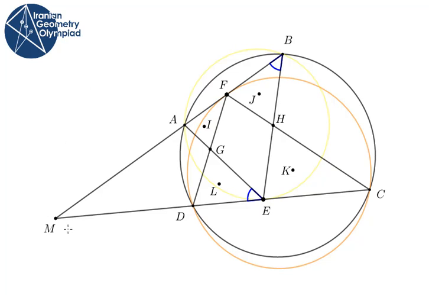So power of M with respect to black circle and orange circle and yellow circle is equal. So ME squared, which is power of M with respect to yellow circle, is equal to MF squared, which is power of M with respect to orange circle. So triangle MEF is an isosceles triangle.